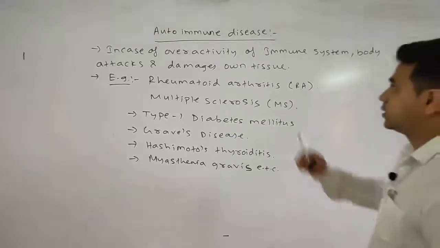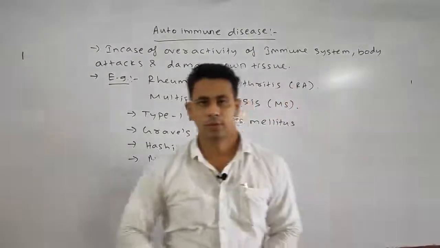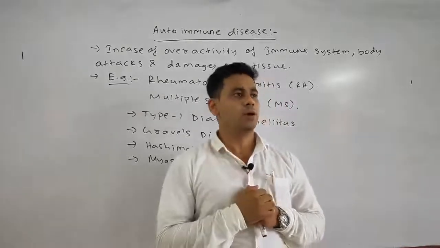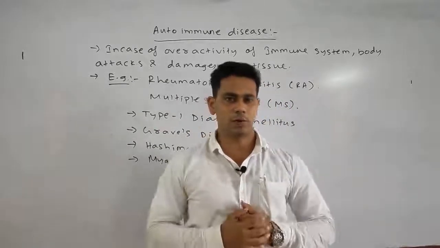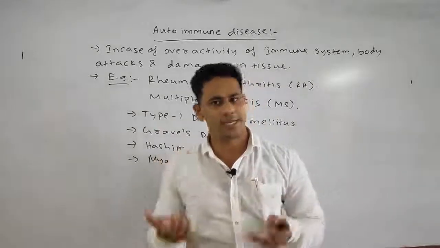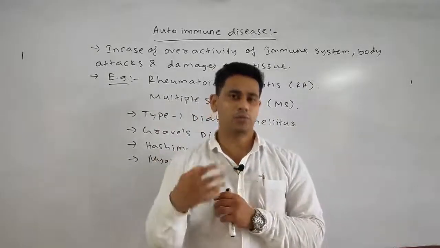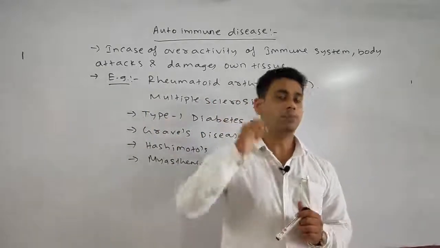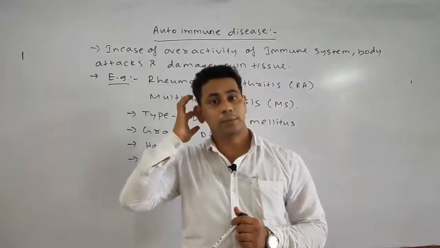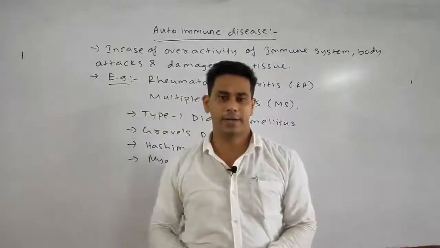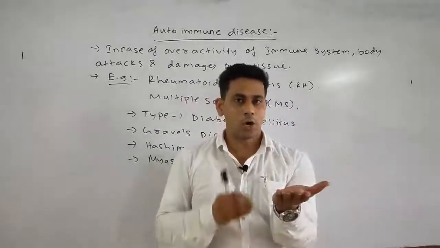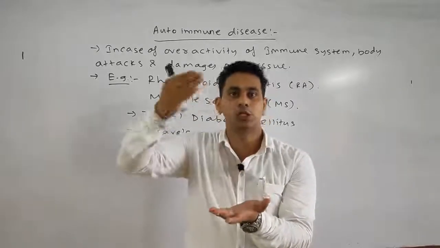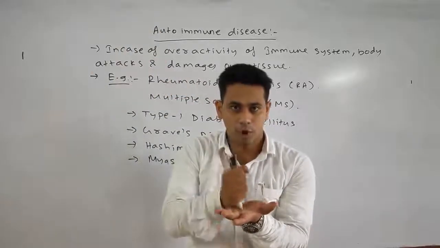Next we'll discuss autoimmune disease. What happens in autoimmune disease? See, whenever an antigen enters our body, the immune system gets activated, forms various antibodies, and neutralizes the antigen. But sometimes our body's immune system gets overactivated, meaning it is activated much higher than the optimum.